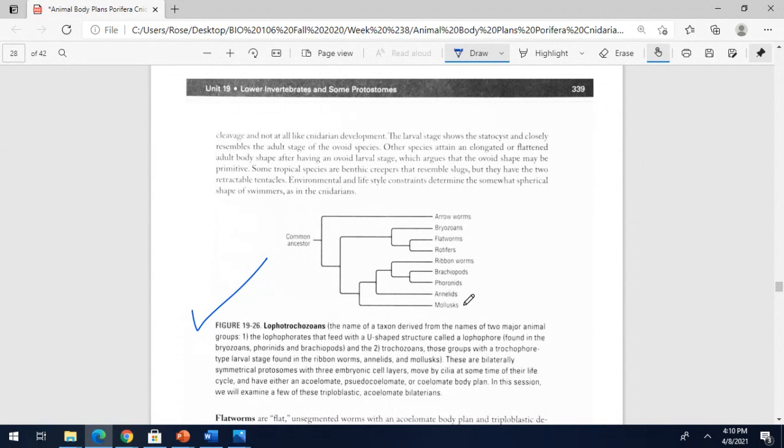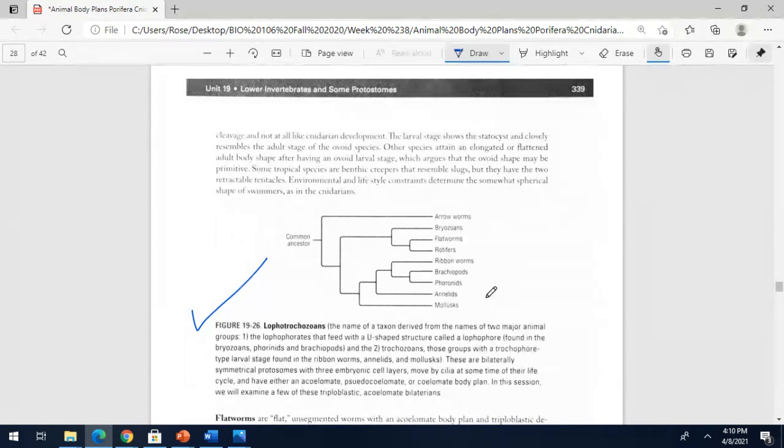Since we are doing some of the protostomes, not all of them, next week we'll do the Lophotrochozoans, and the week after we'll do the ecdysozoans, and then deuterostomes 1 and deuterostomes 2. So you have 4 other big sections to do.